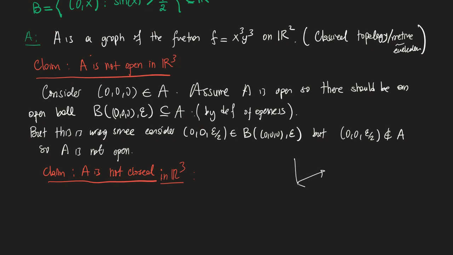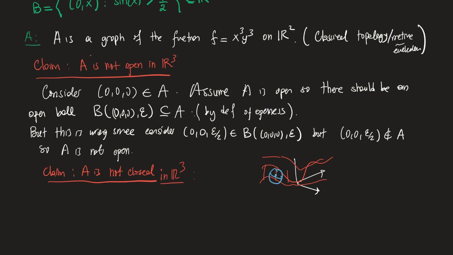In R3 it is like a surface. At each point on the surface, any ball contains points outside of the surface, so it cannot be open. That is the explanation for the first claim.